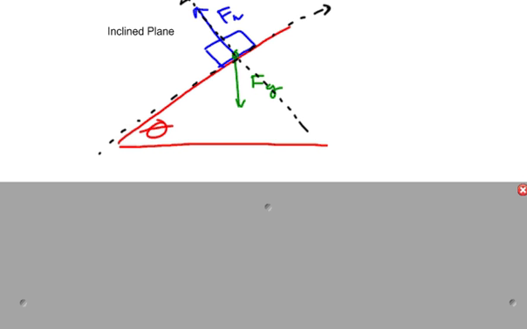So therefore, we're going to need to break down force of gravity into the gravity force that's pulling it down the plane and the force of gravity that's pulling it directly into the plane. So force of gravity pulls it straight down, but we break that component into this force right here that's bringing it down the plane, and this force right here that's bringing it directly into the plane.